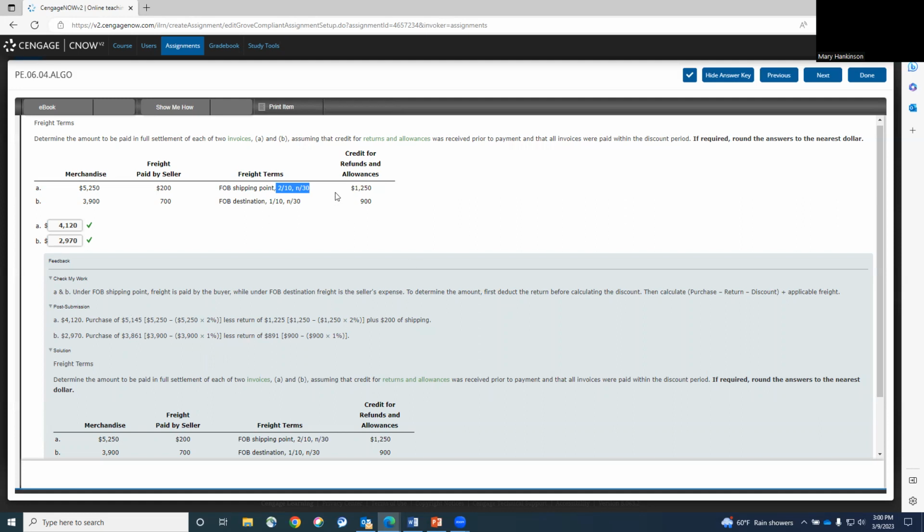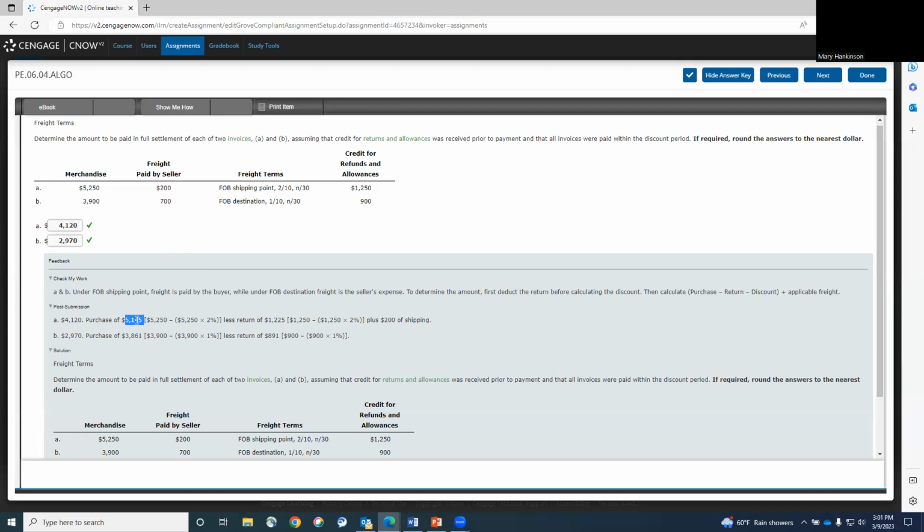Next, we're going to take the credit for refunds and allowances. Because we applied the discount to the merchandise, we're going to apply the discount to the returns. Once we apply the 2% discount to the returns, we now have a return total of $1,225.